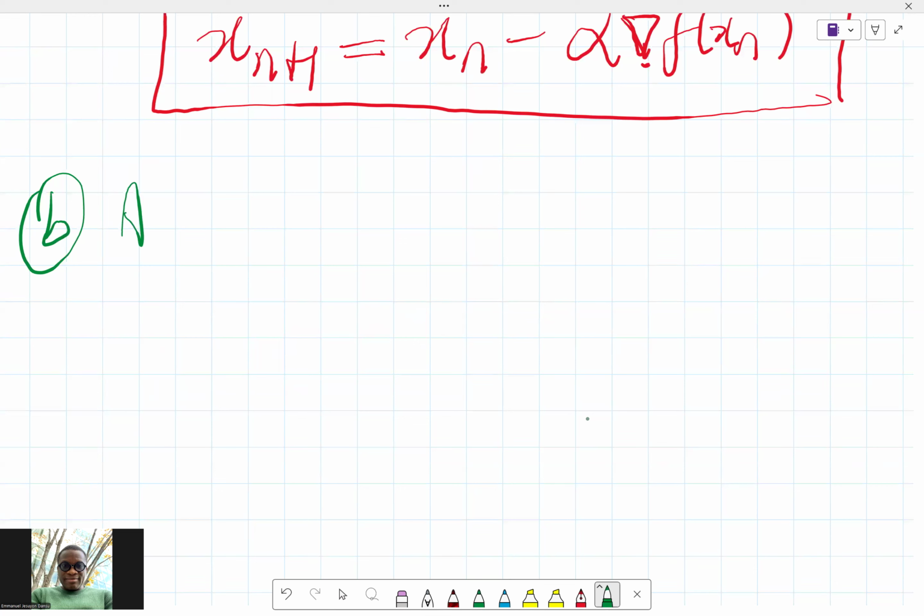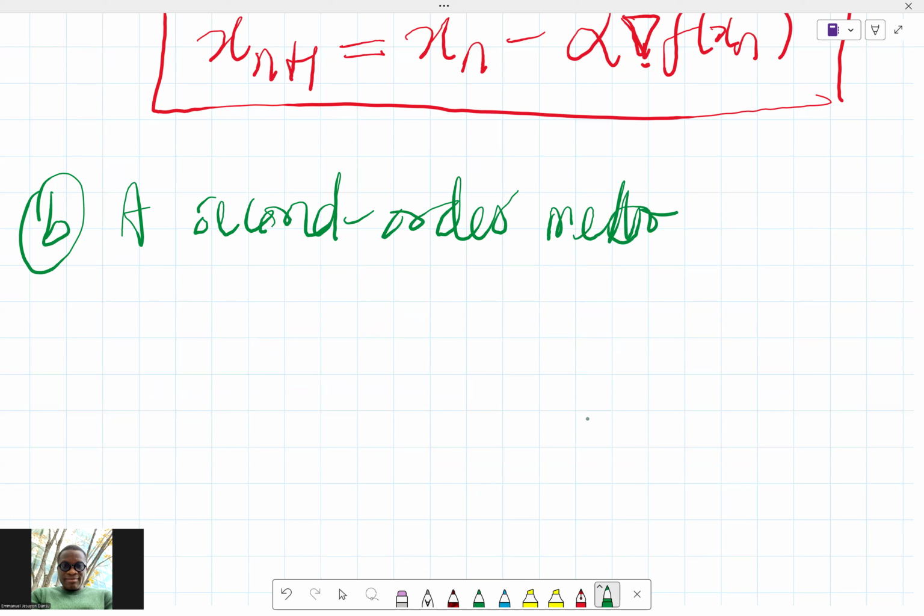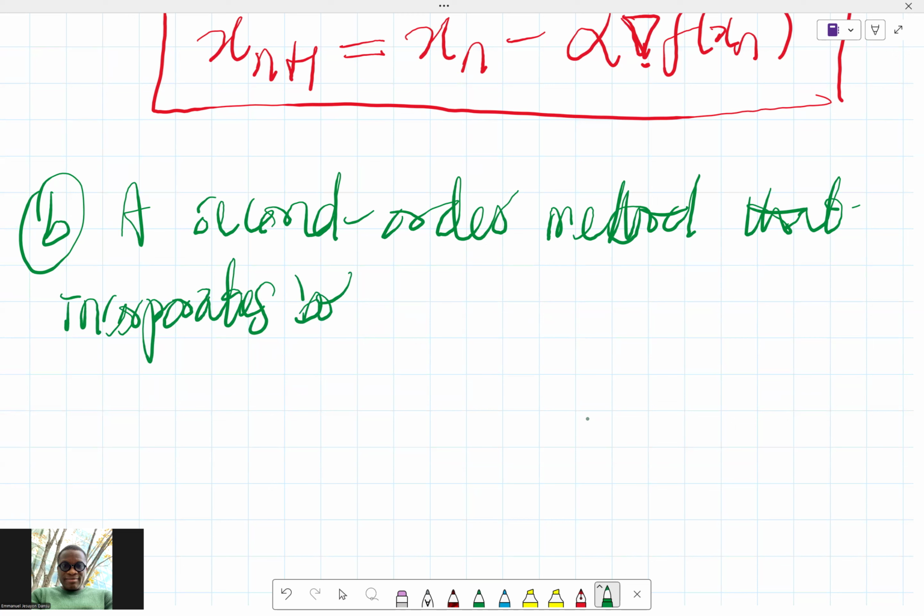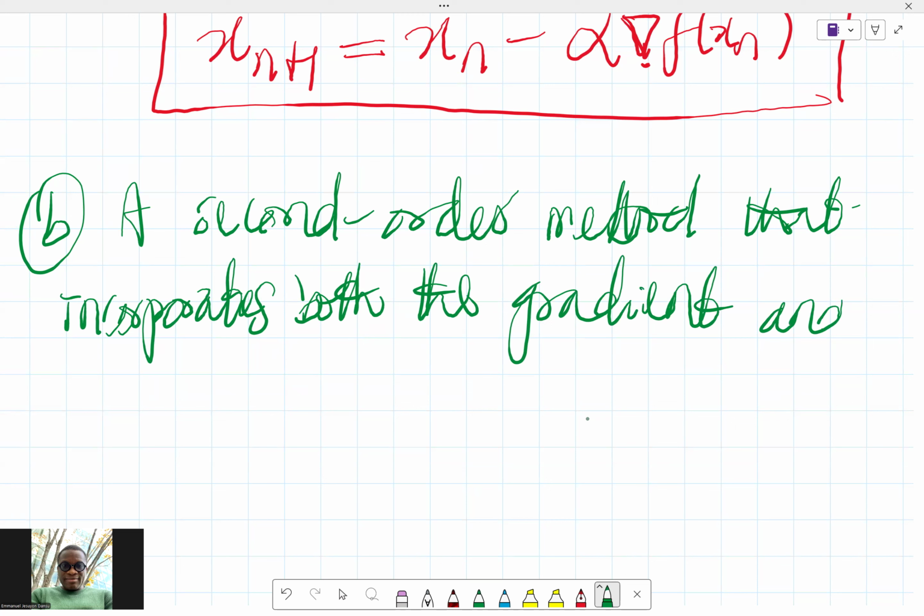So this is actually a second order method. You know, gradient descent is a first order method. So Newton's method is a second order method that incorporates both the gradient and the Hessian matrix.